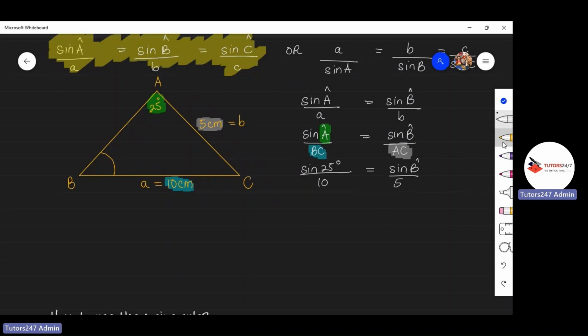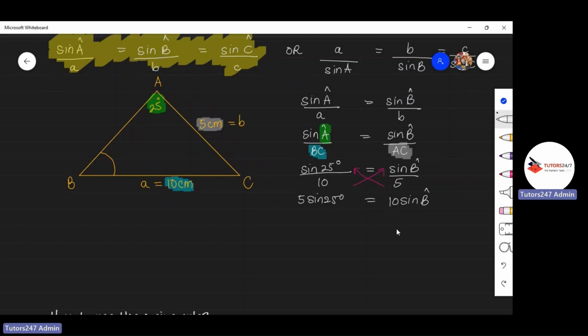We can now go and cross multiply. So we'll multiply the 5 with sine 25 degrees, and we will multiply the 10 with sine of angle B.